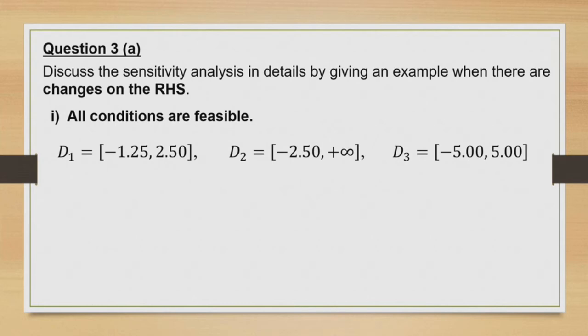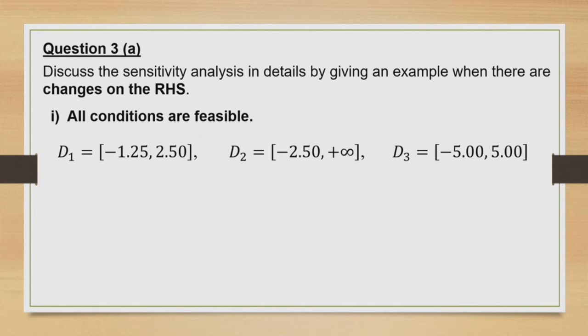For D1, the feasibility range is less than or equal to 2.5 and greater than or equal to negative 1.25. For D2, the feasibility range is less than or equal to positive infinity and greater than or equal to negative 2.50.